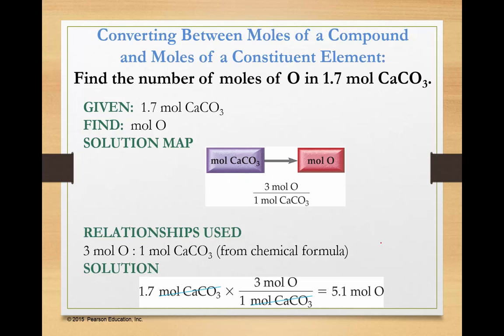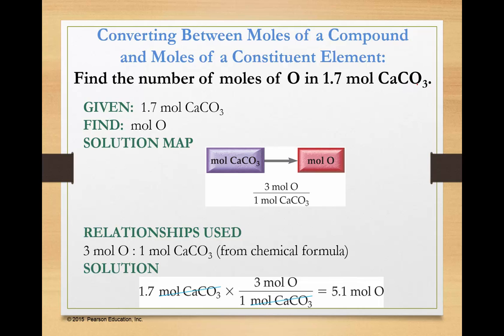So how do I use it? How do I go to those calculations? Keep in mind when you're looking at these calculations, it's more than just numbers. Try to keep that concept in mind, that it's the number of units in the whole, the number of legs attached to the body. So if I want to know the number of moles of oxygen in 1.7 moles of calcium carbonate, here's my spider.